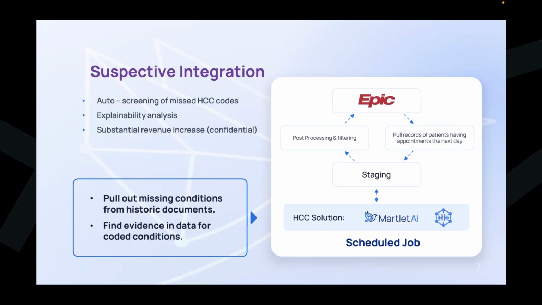We process it, then we dump the results back into Epic. It could be a FHIR app, it could be a SMART on FHIR app, or it could be just another internal workflow of Epic or any other EHR for that matter, because it's all in file format, right? And then the provider just selects codes. It's again backed by explainability analysis, and evidence is there. That's the basic idea. And the main benefit is that it substantially increases revenue and improves the accuracy of risk adjustment.